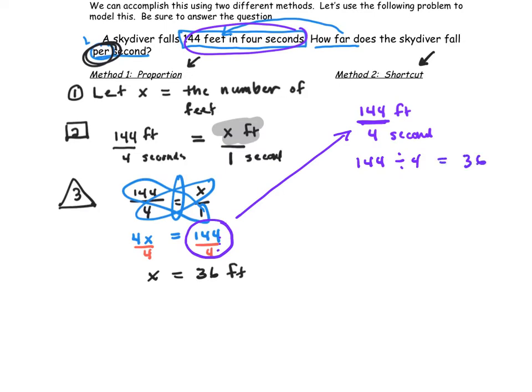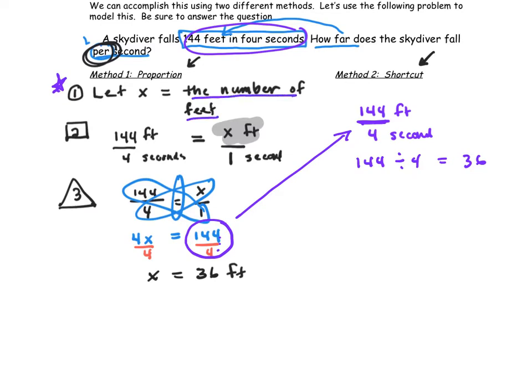So we can kind of cut to the chase, so to speak, and just use the initial ratio that they gave us. The only problem with this method is now we have to go back and figure out what this 36 is. And there's 2 ways to do that. First of all, it is very helpful when you define a variable, because now I know what I was looking for is the number of feet.